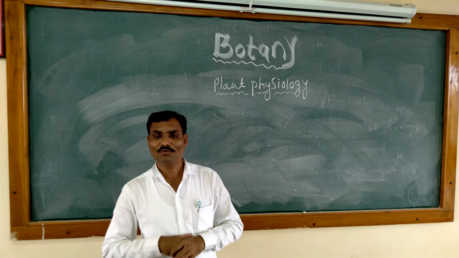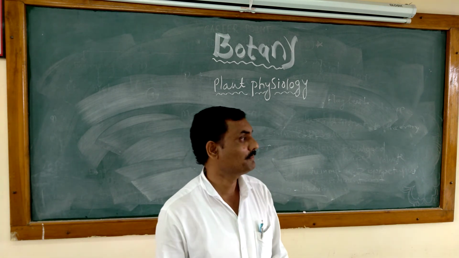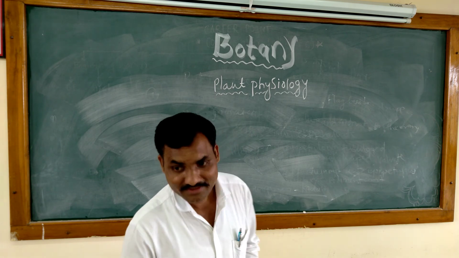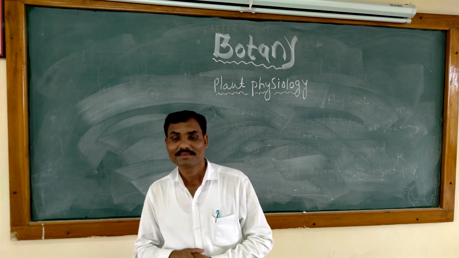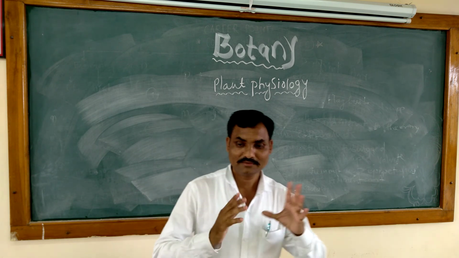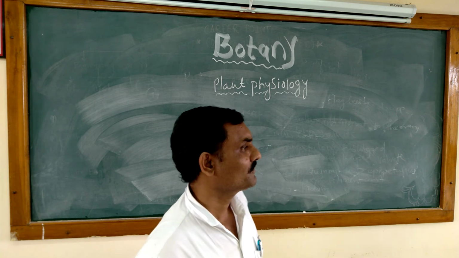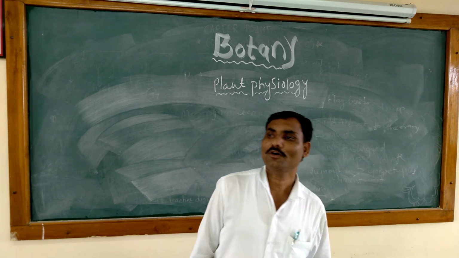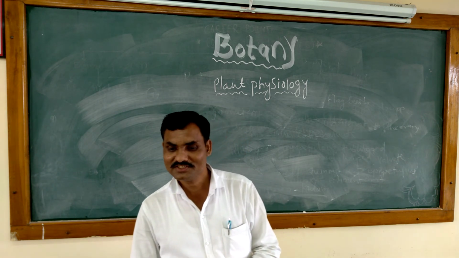It has great scope in interpretation of the form of the plant. Which type of plant is there? Then certain plant parts in terms of functions, what their functions are, and how to solve certain taxonomic problems. We can solve taxonomic problems with the help of these physiological characteristic features.